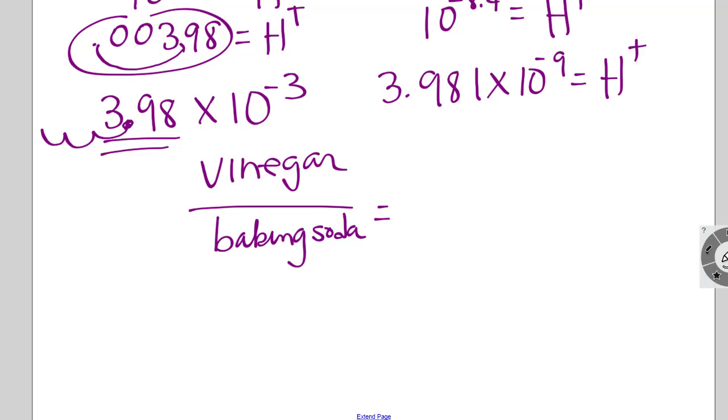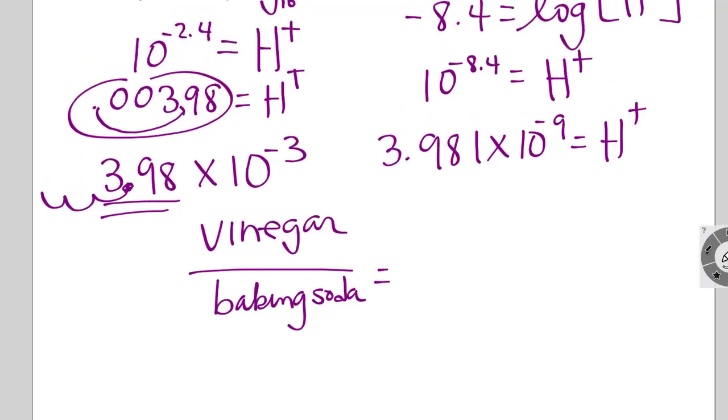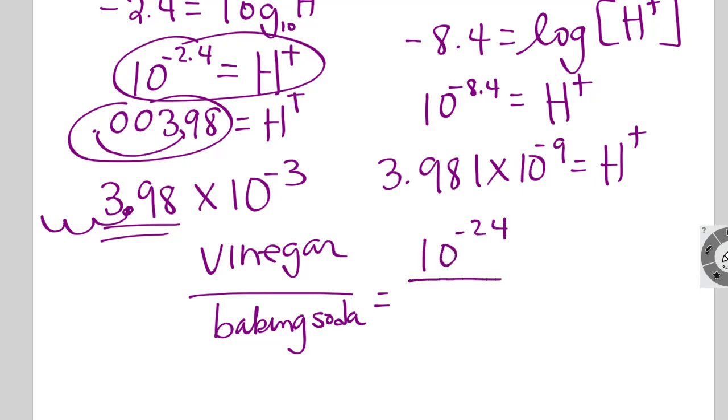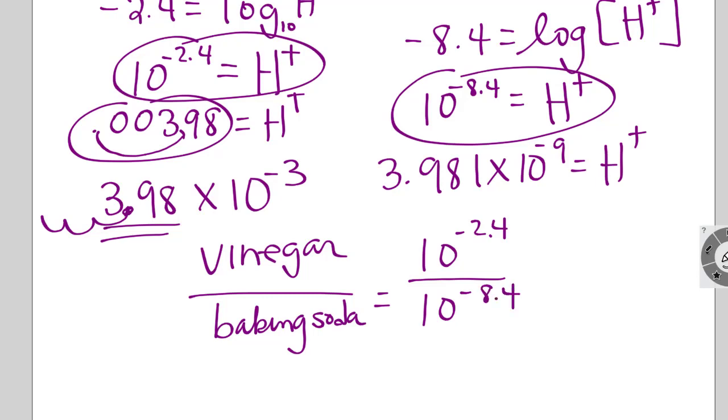All right, so for vinegar, we found earlier that the hydrogen concentration was 10 to the negative 2.4. And for baking soda, we found that it is 10 to the negative 8.4. All right, so when we simplify this, we get 10 to the negative 2.4 minus negative 8.4.